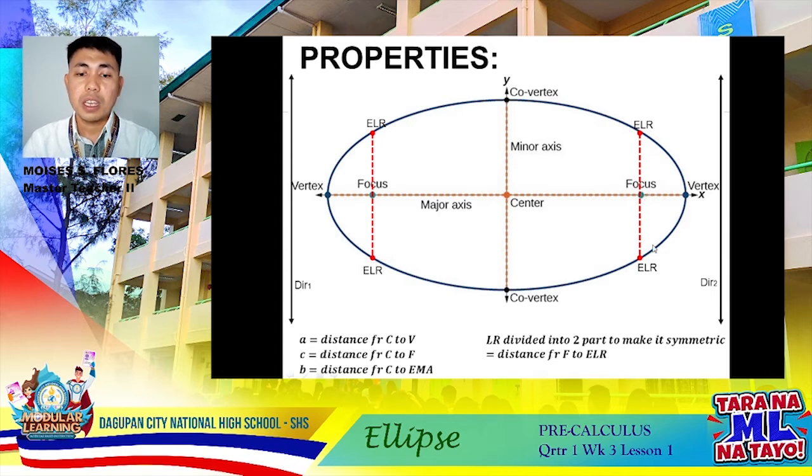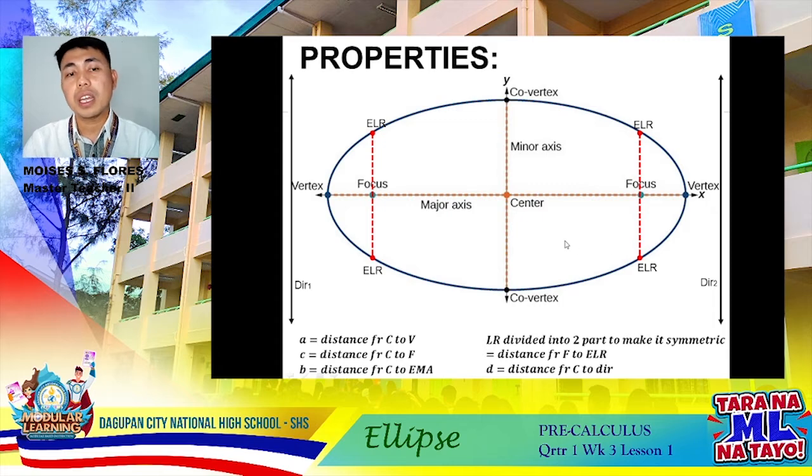So again, the LR, which is 2b squared over a, is divided by 2 to make it symmetric, starting from the focus. The distance from the center to the directrix is denoted by d. So again, from the center to the directrix.